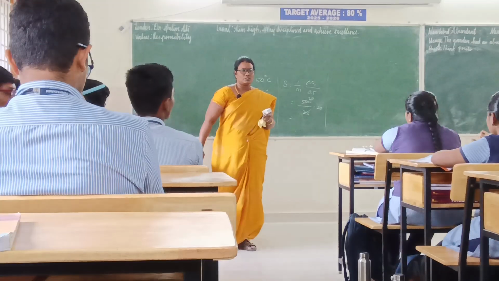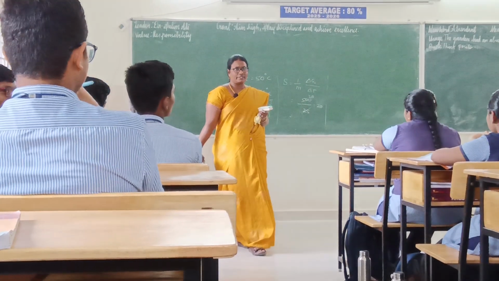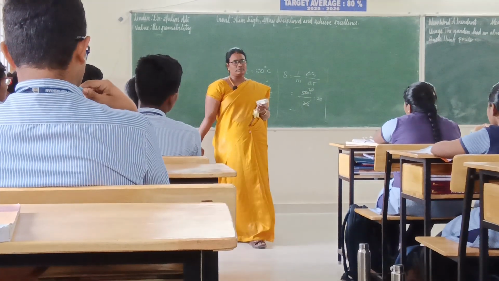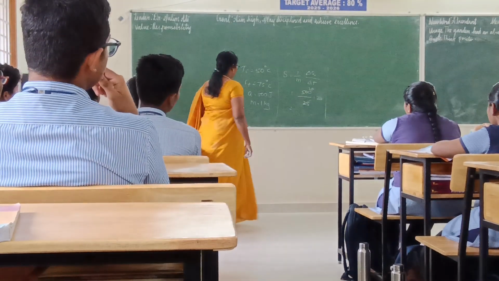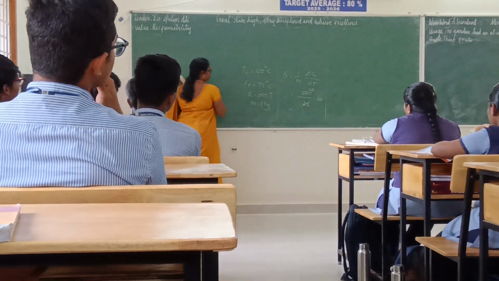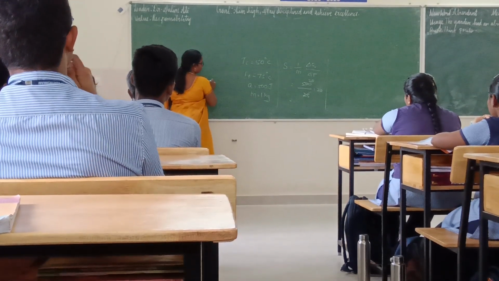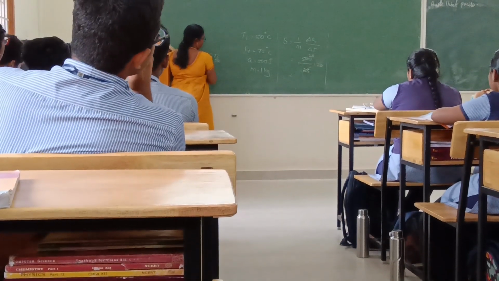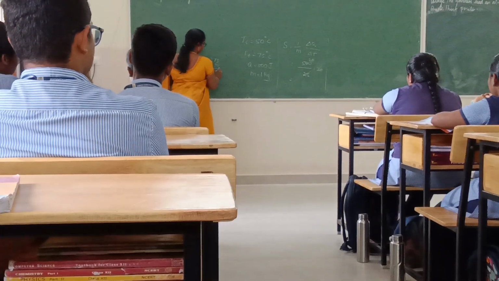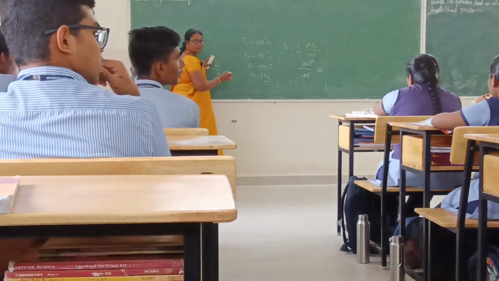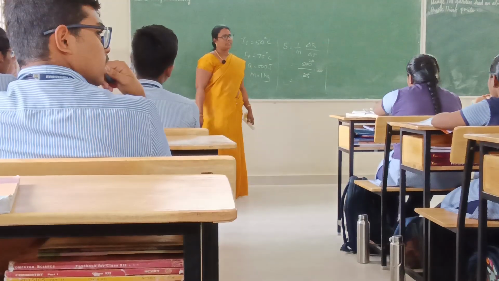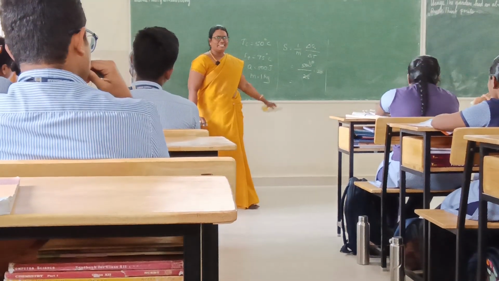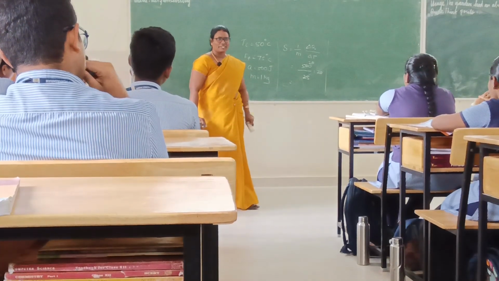You have to convert this. Can you convert the temperature into Kelvin? Subtract first, then after that we have to convert. So delta T we can take as Kelvin; degree Celsius is the same, sir. Thank you.